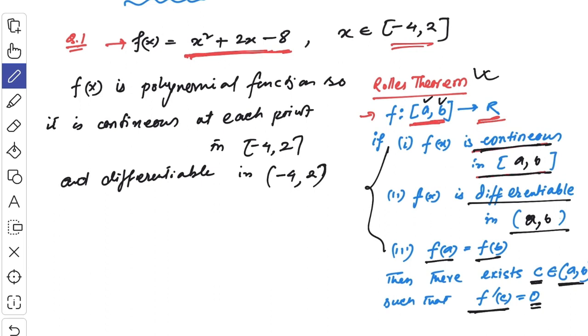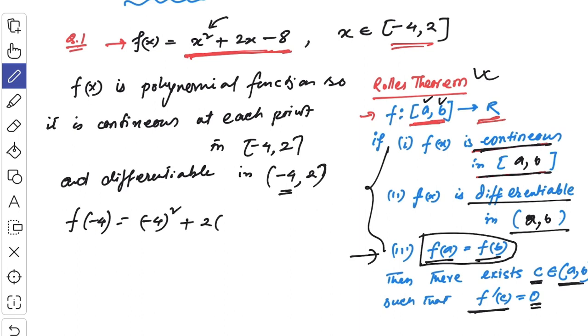Now let me check whether it satisfies the third condition, f(a) equal to f(b). f(a), instead of a we have -4, so f(-4). If you put -4 here, you get (-4) square plus 2 into -4 minus 8, that gives 16 minus 8 minus 8, which is equal to 0.